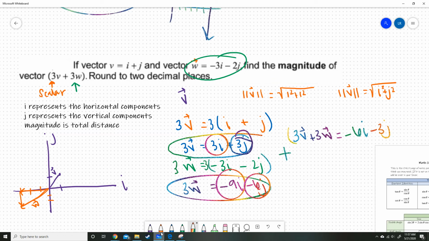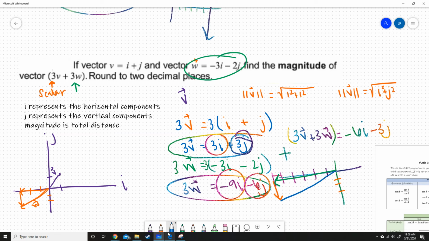So the vector 3v plus 3w is going to result in 6 this direction, and then 3 this direction. To find the magnitude of that, we would want to find this distance here.